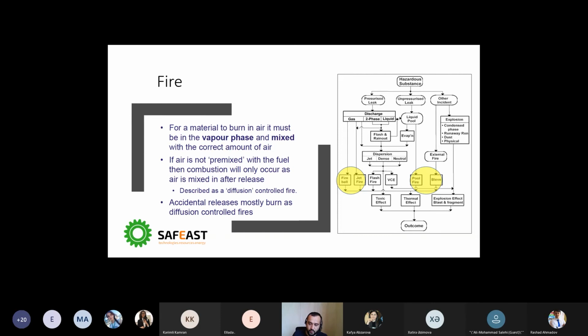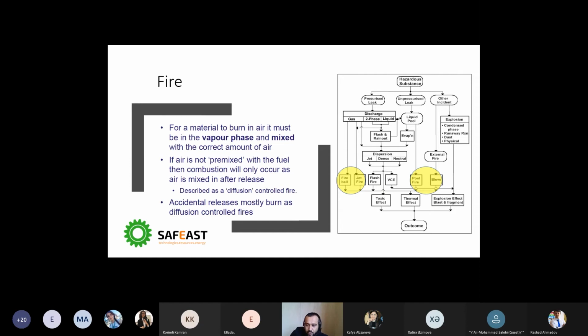Otherwise, if you have just fuel without air, it cannot burn, or vice versa. And if air is not premixed with the fuel, then combustion only occurs as air is mixed. So if there is no premixture, it's a continuous ongoing process: fuel mixes, then combustion occurs while the air is mixed after a release.